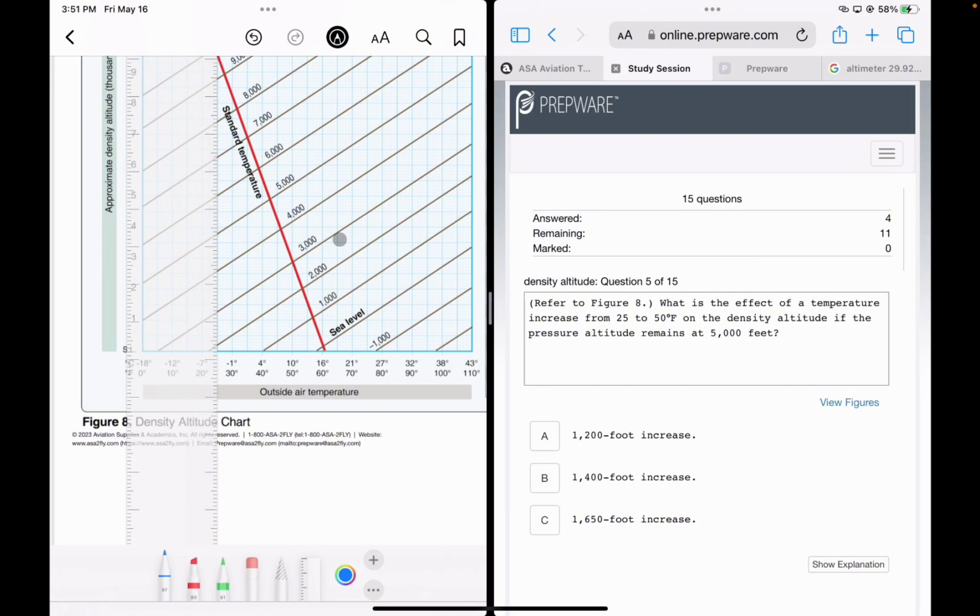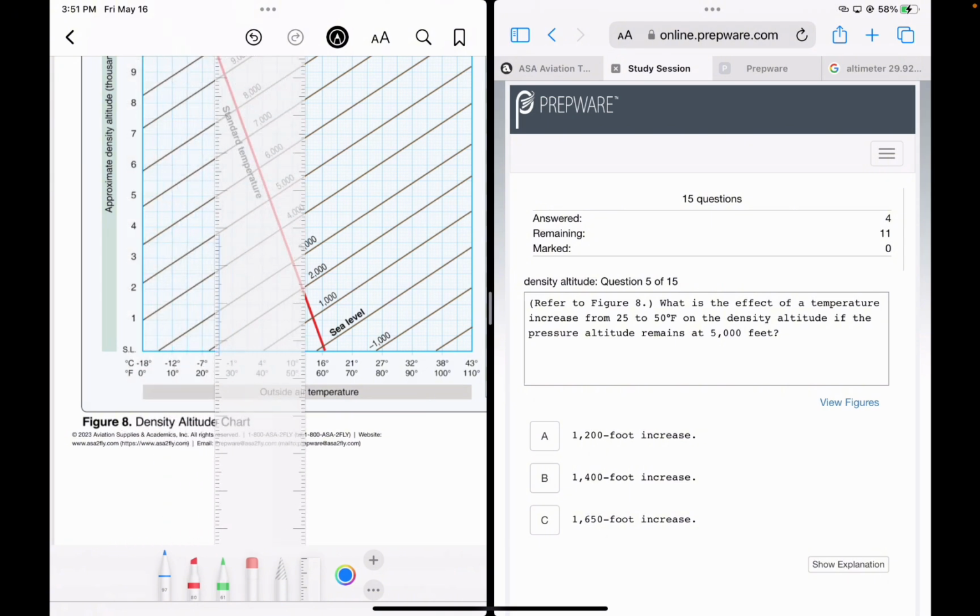So you go up to 5,000 feet, and then you see where this line crosses here. That is where you draw the line. Okay, so that blue line I just drew goes from 25 all the way up to this 5,000 feet line.